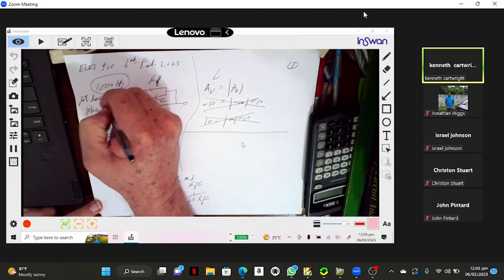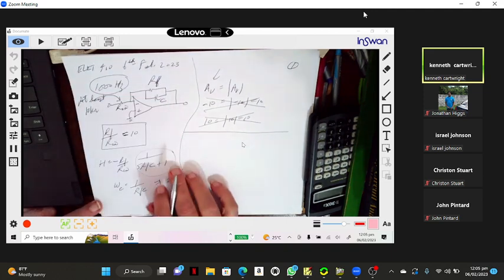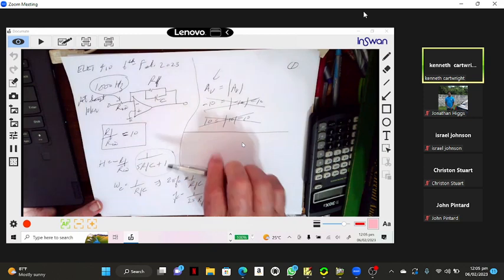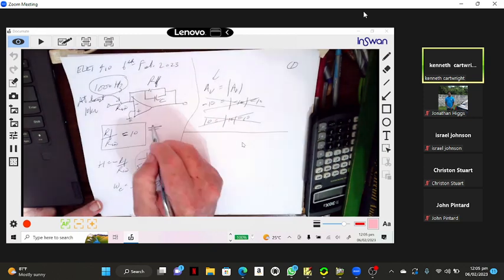Now I know I didn't make that criterion, so if you didn't do that, I didn't penalize you. So if I want Rn to be at least 10 kilo ohms, RF must be greater than or equal to 100K.